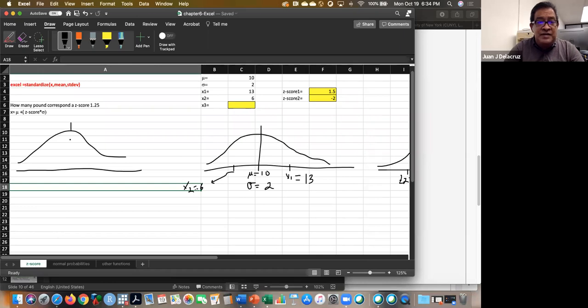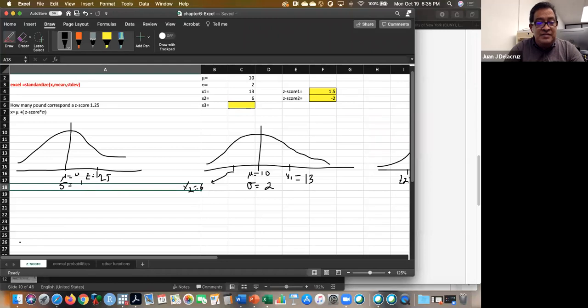So I have a mu that is equal to 0, and a sigma that is equal to 1, right? And I want to know the value that corresponds to this 1.25 as a z-score, right? So this is going to be my z-score.